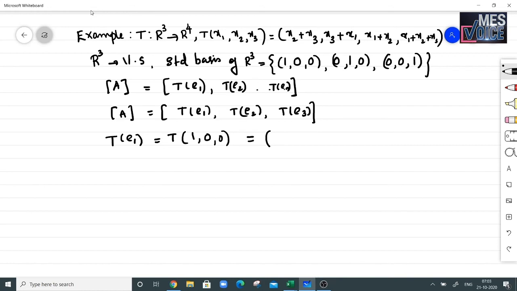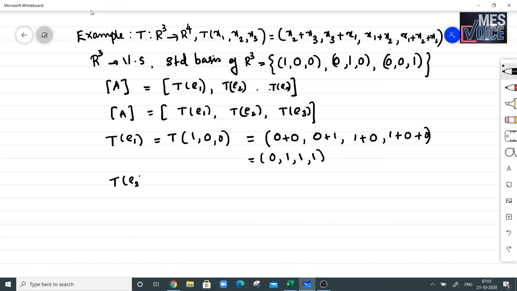Therefore, the first element is the addition of the second and the third element, that is 0 plus 0. And the second element is 0 plus 1, then 1 plus 0, then 1 plus 0 plus 0, and this is equal to (0, 1, 1, 1). This belongs to R raised to 4.